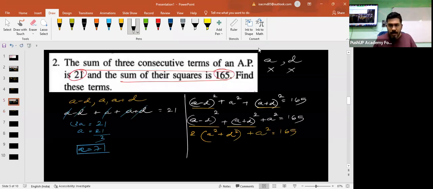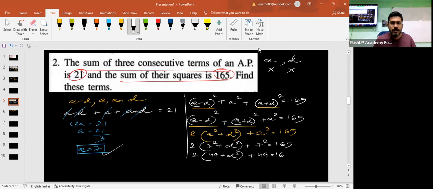Fine, children. Now let's start substituting the values. a is equal to 7. So it becomes 7 squared plus d squared plus again 7 squared is equal to 165. Purva, any doubt? No doubt, right? So 2 into 7 squared is 49, plus d squared, plus 49 is equal to 165.